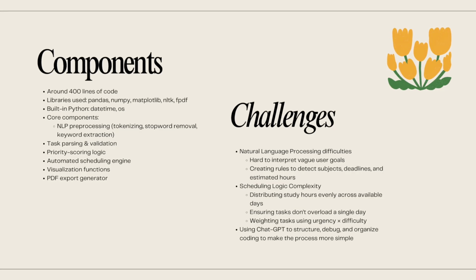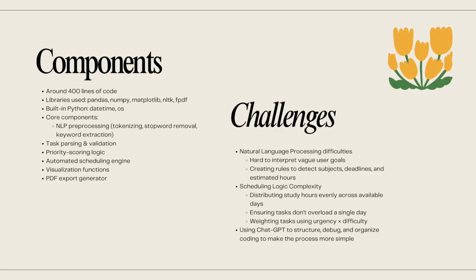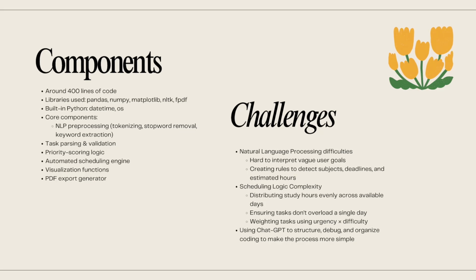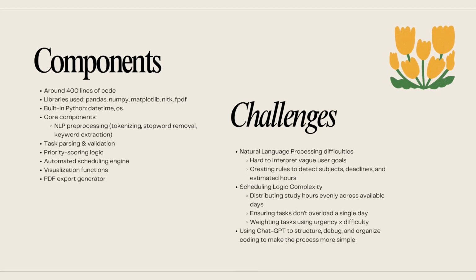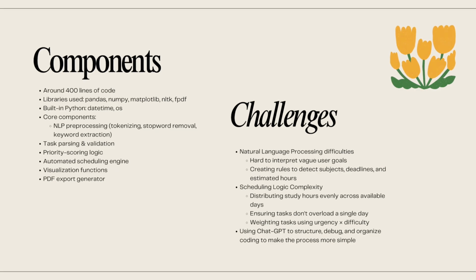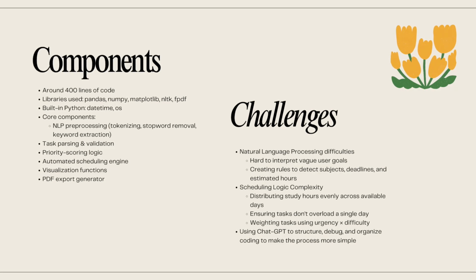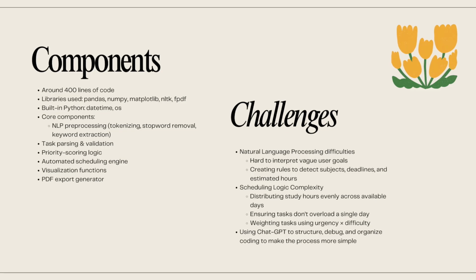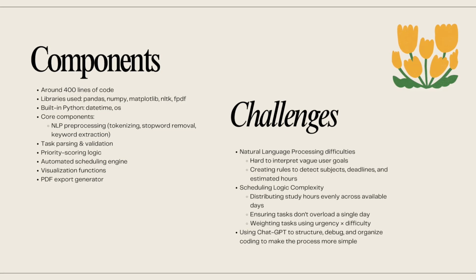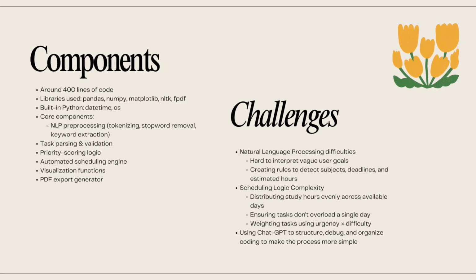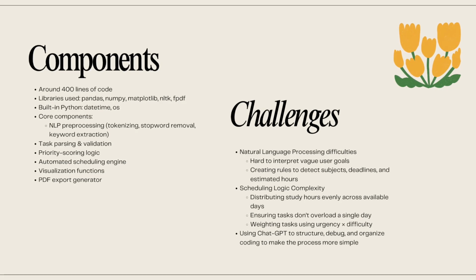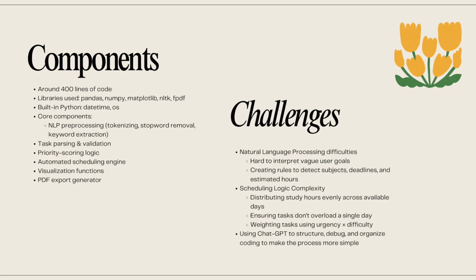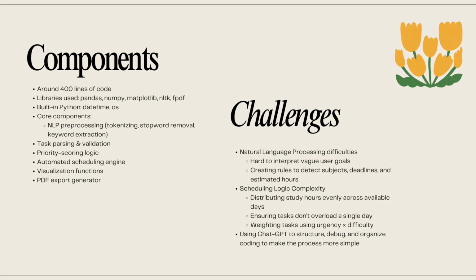This main program has around 400 lines of code, and the core components are natural language processing and tokenizing, stop word removal and keyword extraction, and also task parsing and validation, and also priority scoring logic, where I have to score the priority of each subject and how important each task is. There's also an automated scheduling engine, as well as visualizing functions and a PDF export generator.